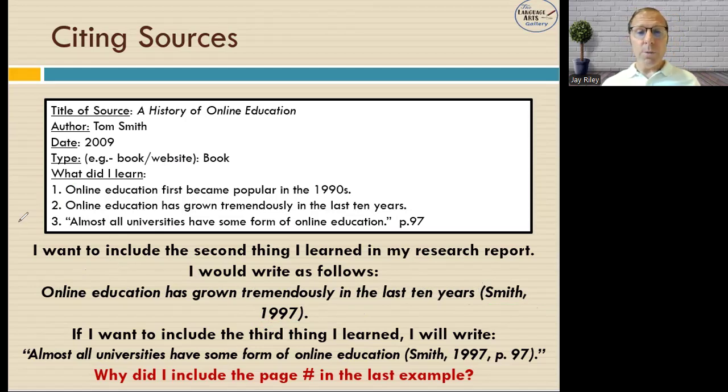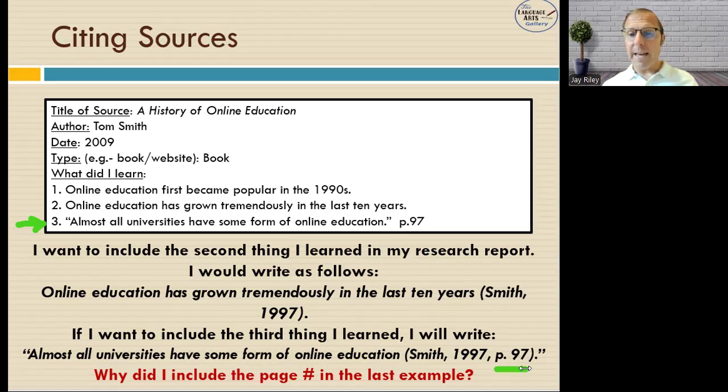Now, if I wanted to include that third point, that's a little bit different. Here I'm using a quotation. So in this instance, I would say almost all universities have some form of online education. Smith, 1997, page 97.